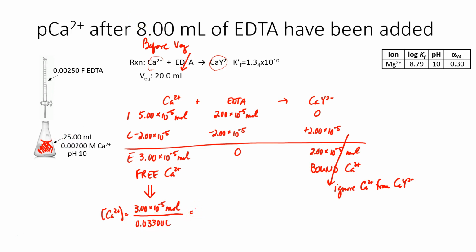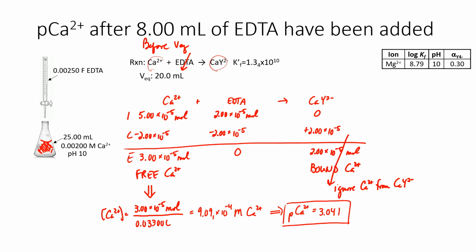And that gives a calcium concentration of 9.09 times 10 to the negative fourth molar. And taking the negative log of this number gives you pCa, and I got 3.041. So that was before the equivalence volume.